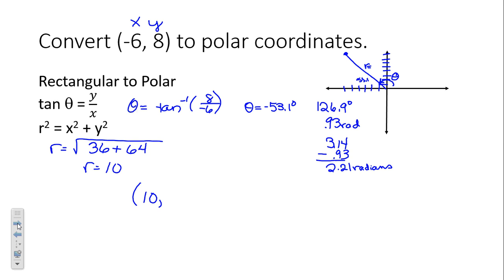and then we write our degrees or radians depending on which one you're using. So you could either have 126.9 degrees, or you could have 2.21 radians. Your book is not going to say radians at the end, but they'll have them in a block of problems that's only dealing with radians or with polar coordinates.